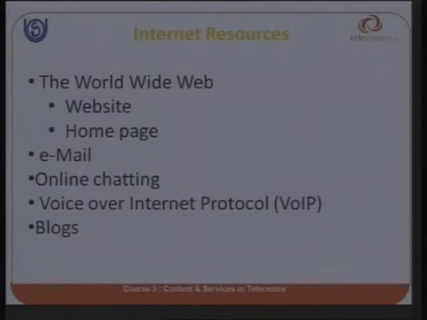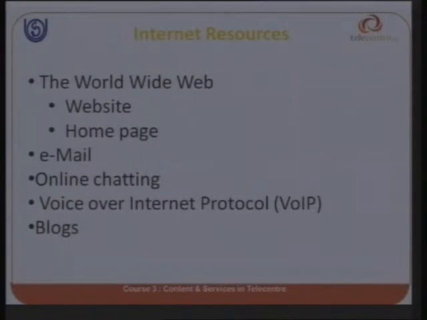Basically there are plenty of internet resources available, but broadly they are classified under the World Wide Web. Whatever information you want to avail is all available on the World Wide Web. These are websites, and a website contains a number of pages.